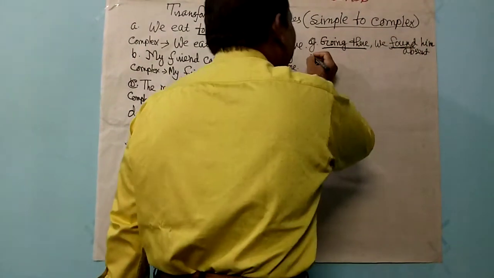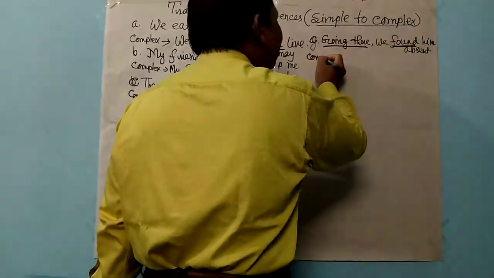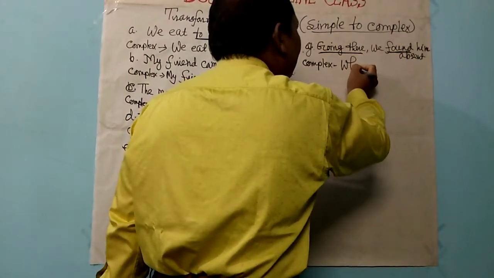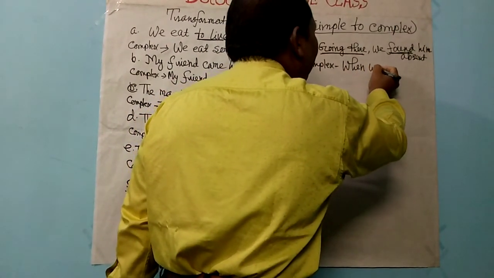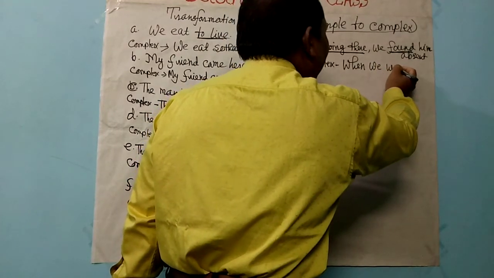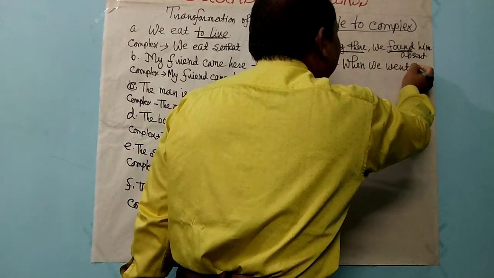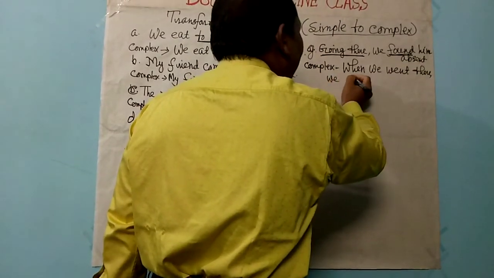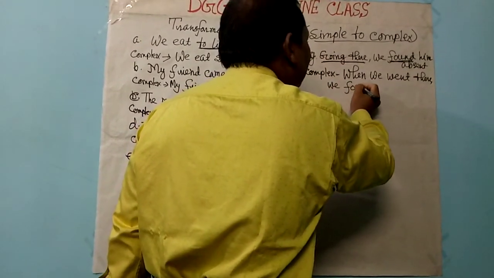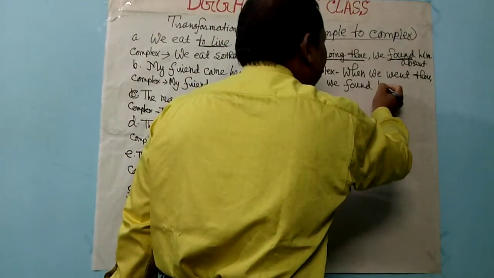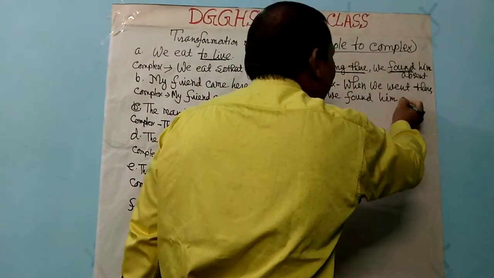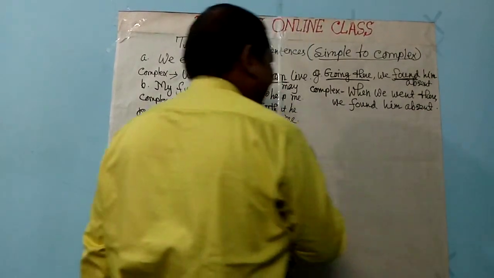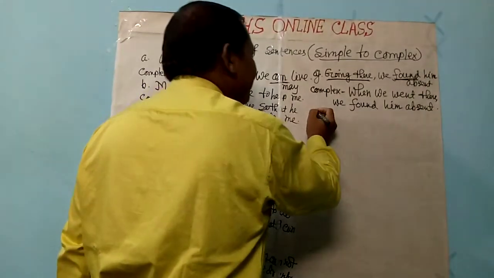So here will be complex: when we went there, we found him absent. Then you see another example of present participle here.